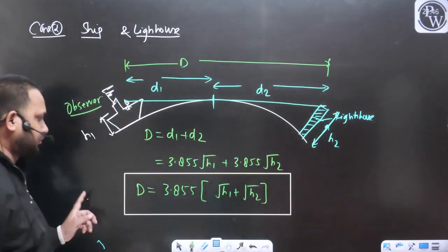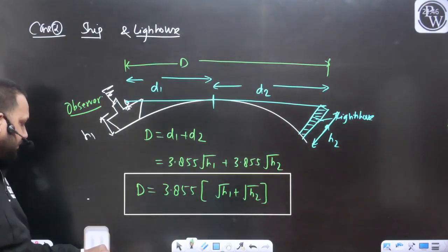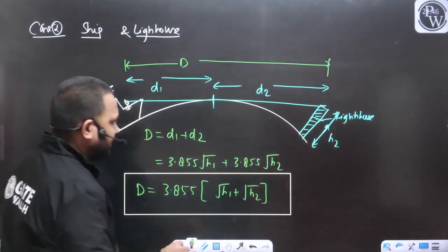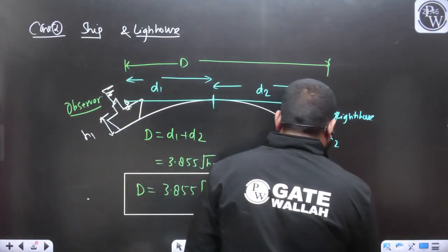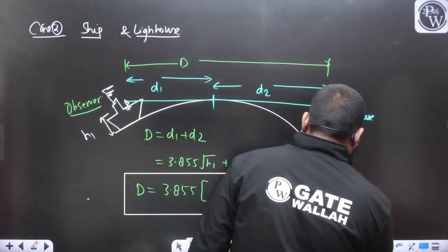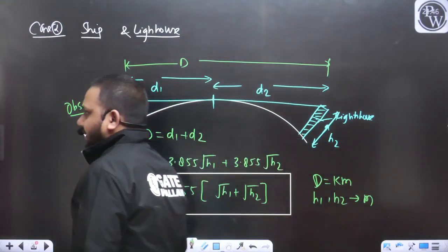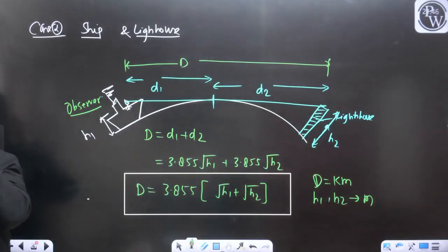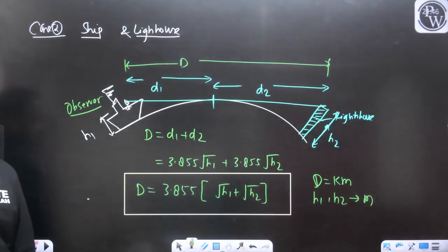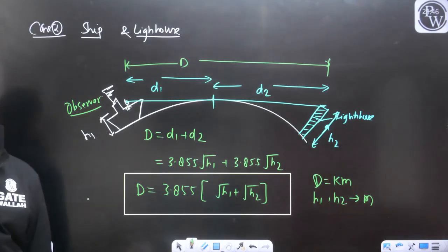And here also you should know the units. From this expression, we will get the total distance of the visible horizon in kilometers if we are considering h1 and h2 in meters. Yes or no?